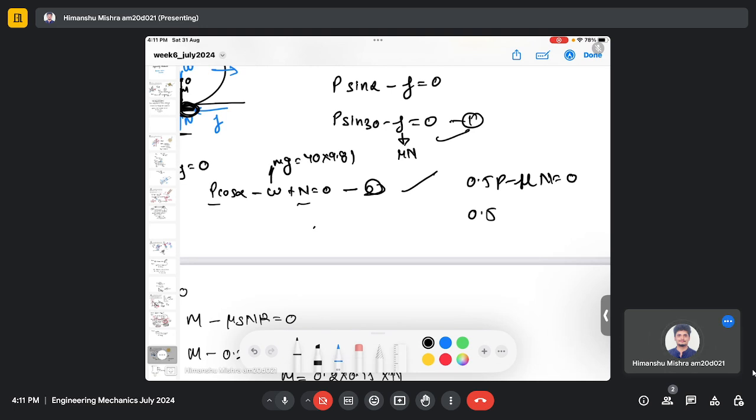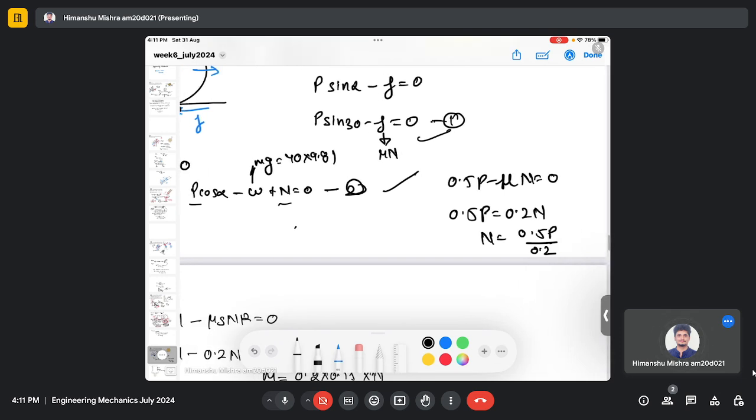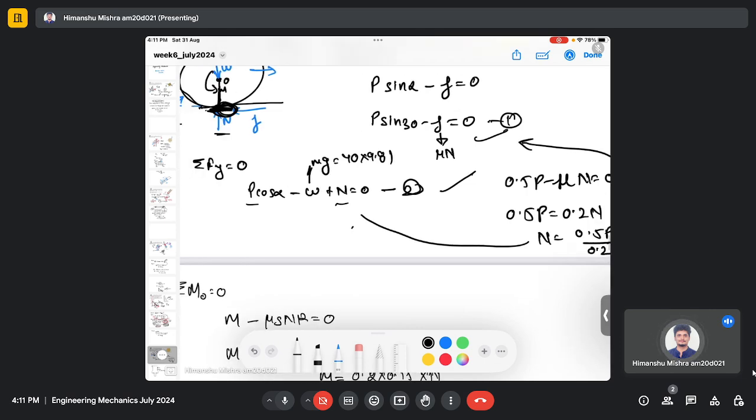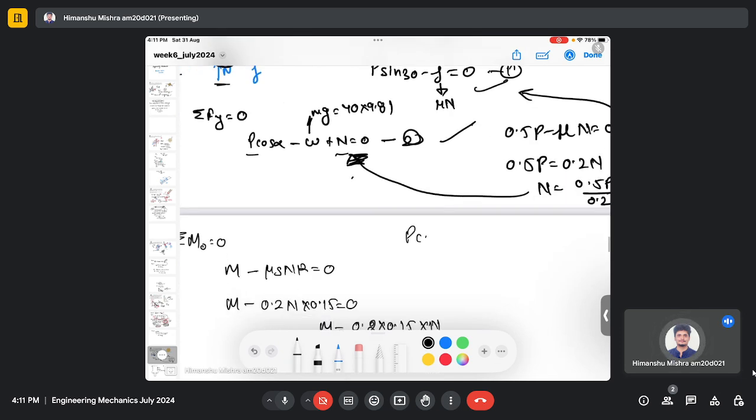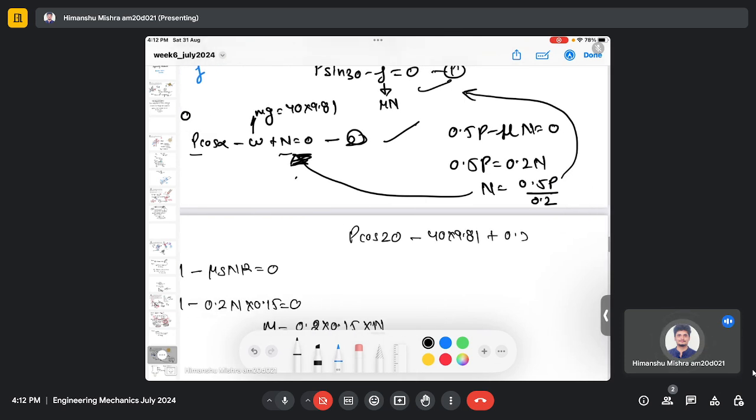So 0.5 P equals mu, which is 0.2, times N. So my N will be 0.5 P divided by 0.2. So this is my expression of N which I got from equation 1. If I put the same into equation 2, I will have P cos 30 minus 40 multiplied by 9.81 plus N, which is 0.5 by 0.2 P, equals 0. So here we have one unknown P that we need to find to calculate N.